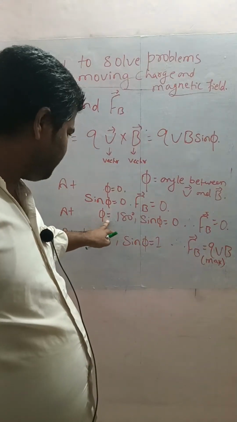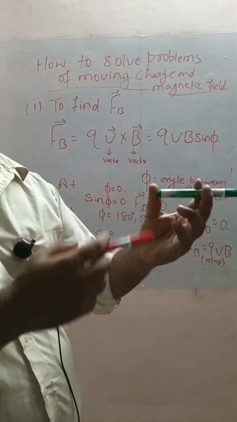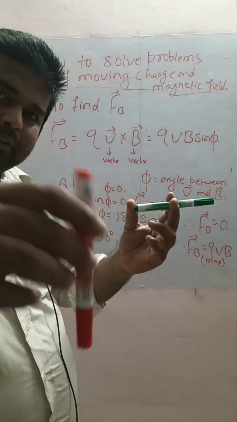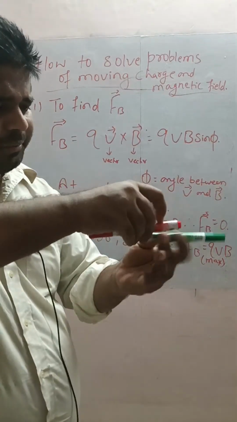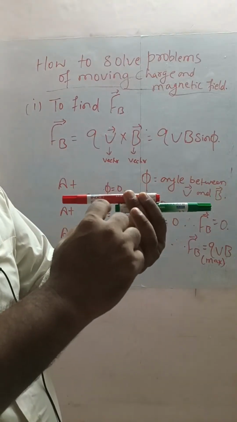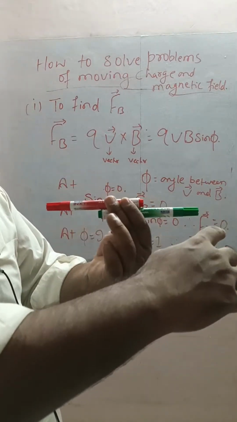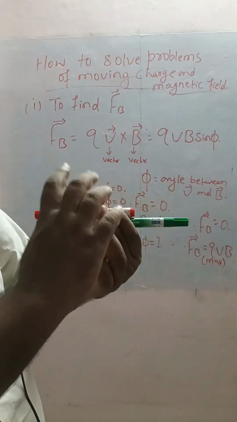In another case, see, this was our magnetic field in this direction. This is the velocity of charge. This time the charge is moving in this direction. See, what is the difference? In previous case, field was in this direction, the charge was also moving in this direction, and that was phi equal to 0 degree.